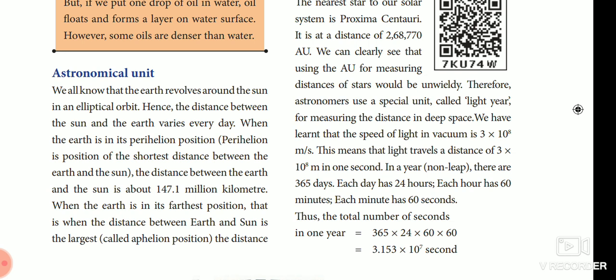Now for measuring the distance in deep space, we have learned that the speed of light in vacuum is 3 into 10 power 8 m by s. விண்வெளி ஆராய்ச்சியாளர்கள் மிக நீண்ட தொலைவுகளை அளவிடுவதற்காக இந்த light year என்ற தனித்தன்மை வாய்ந்த அலகைப் பயன்படுத்துகிறாங்க. வெற்றிடத்தில் ஒளியினுடைய வேகம் 3 into 10 power 8 மீட்டர் பை வினாடி.